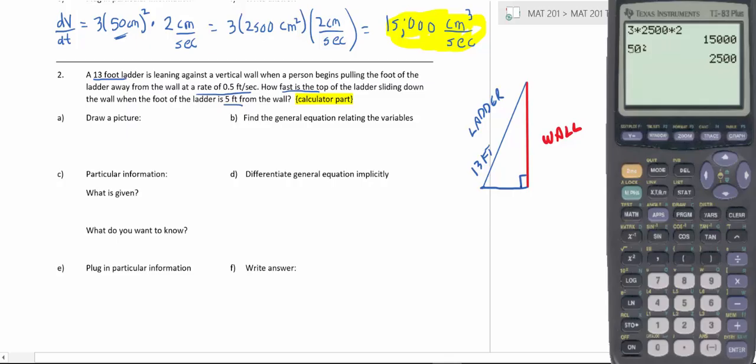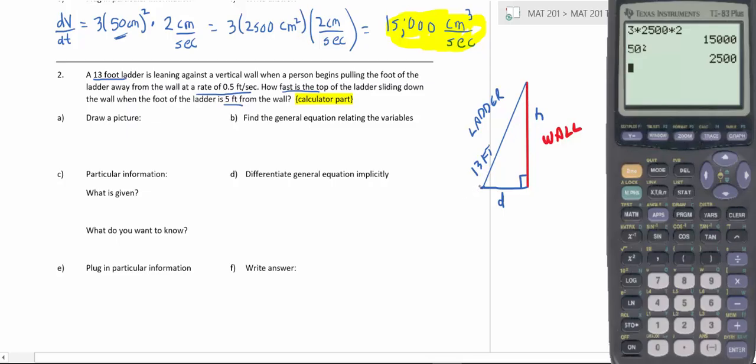Now we have to express this in terms of variables, and we really have 2 unknowns. The first thing is we can call this x, or a distance, it doesn't make any difference. I'm just going to call that d for the distance from the wall. Then I'm going to call this h, the height on the wall. What's happening is the ladder is moving, so the height gets smaller.